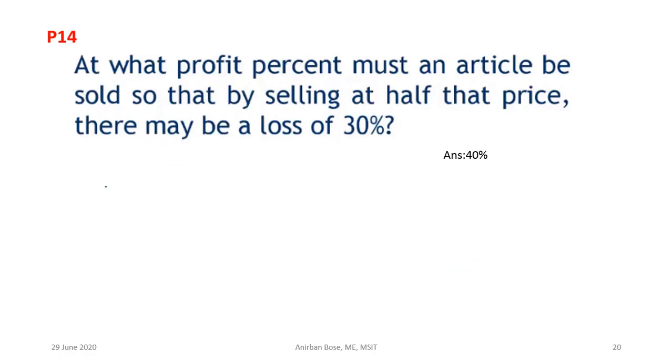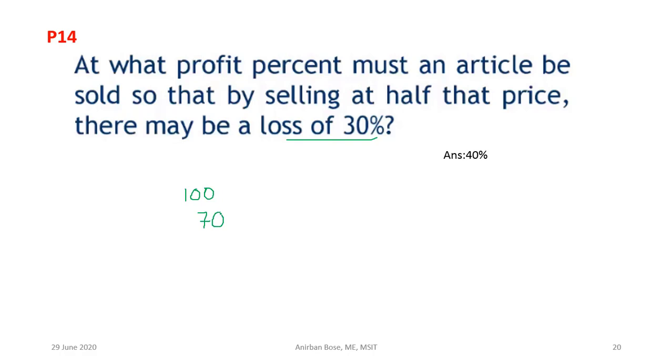Now, at what profit percent must an article be sold so that by selling at half that price, there may be a loss of 30%? Okay. Let us consider 100 is the cost price. When he loses 30%, then what is that price?